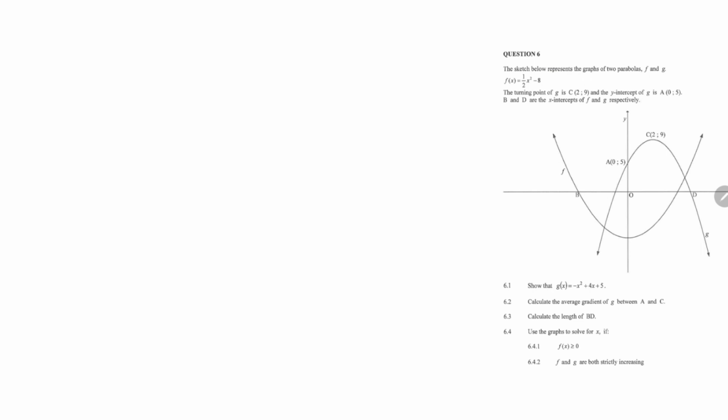We also know that g has a turning point at (2, 9), which is C. And usually when we have a turning point, we have this formula which helps us to get the equation of a graph: y equal to a multiplied by (x minus p) squared plus q.